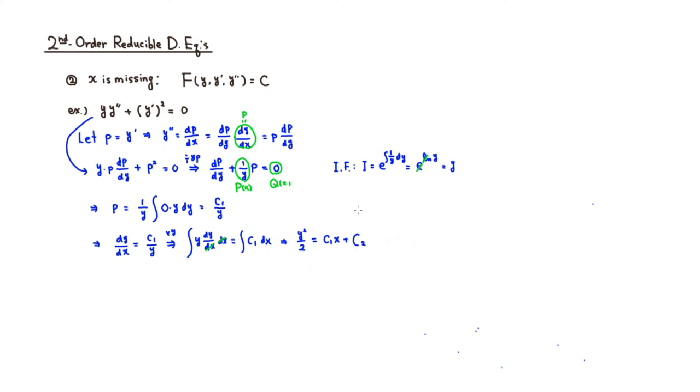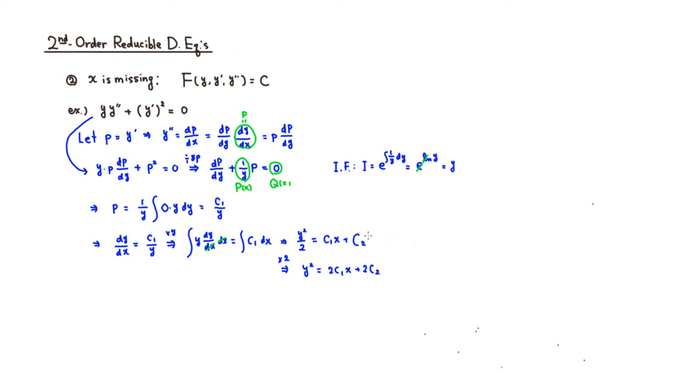If you want, you can leave it like that, or one way to write it would be to solve this equation for x instead of y. Actually, maybe this might be cleaner: I'm going to multiply through by 2. So you get y squared is equal to 2c1 x plus 2c2.